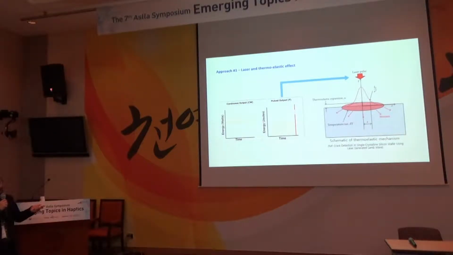and our approach is to use pulsed output. When we use the pulsed output, a very short pulse with a range under the nanosecond region and very high radio energies, when it is irradiated on the human skin, there is a physical phenomenon called thermo-elastic expansion. From the thermo-elastic expansion, we can make a stress wave in the medium. Humans feel the stress wave as a tactile sensation, like a mechanical tap.